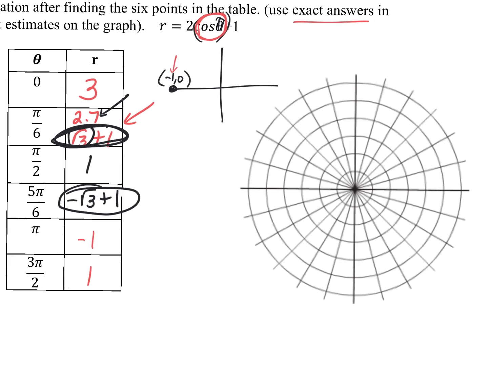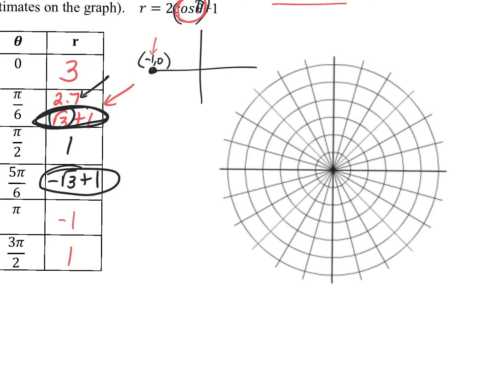Okay. Now, when we graph these things, they don't look very nice. Like, they don't tell you, gee, this is where my circle is. But let me show you what it generally ends up as. It kind of looks like that.